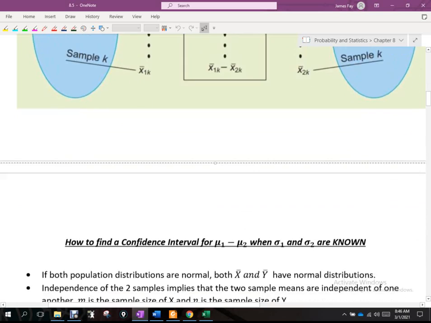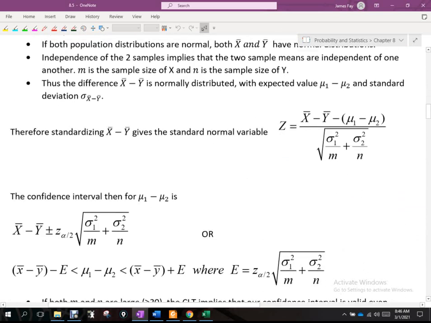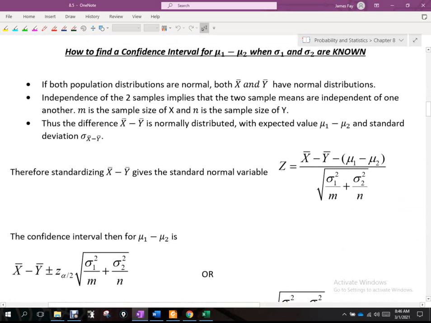Okay. So here's how we're going to do this. Now, there's a lot of stuff here that I don't know has to be written down directly. If both population distributions are normal, both X bar and Y bar have normal distributions. I don't know that you need to write that down because we've already talked about it when we worked on confidence intervals for mu when sigma was known. Go back to 8.1.